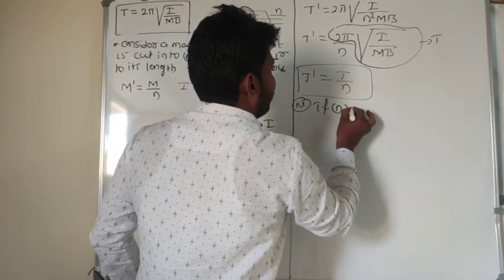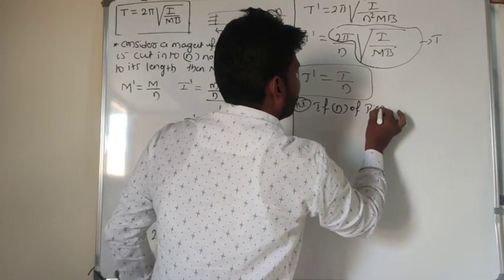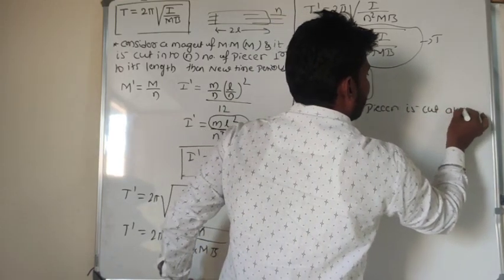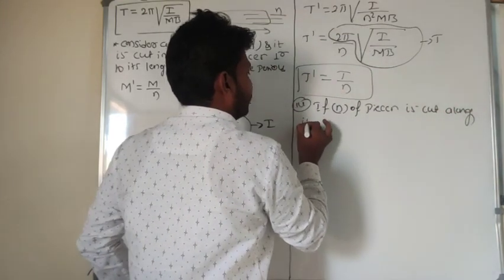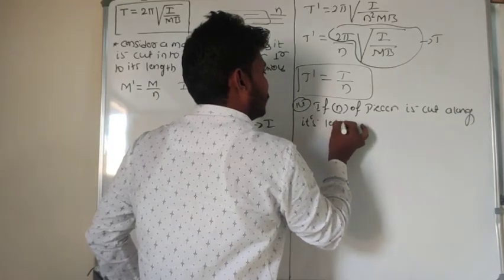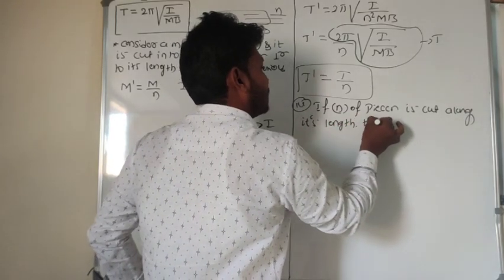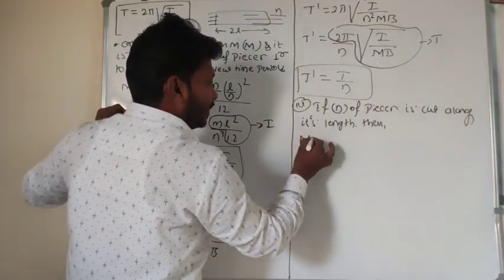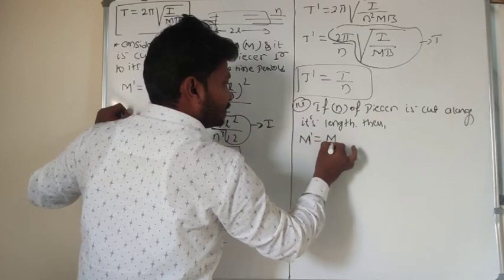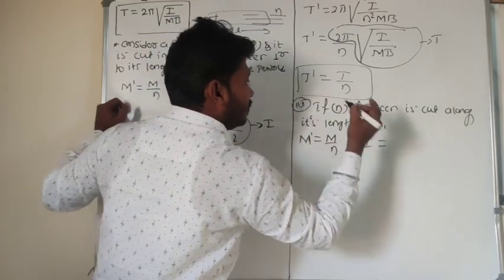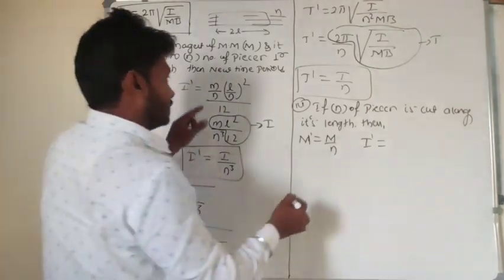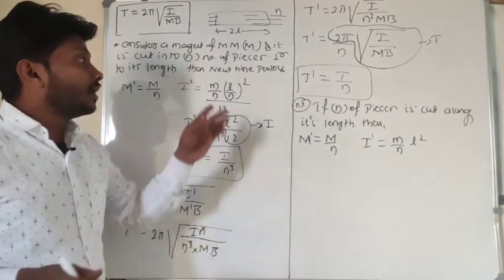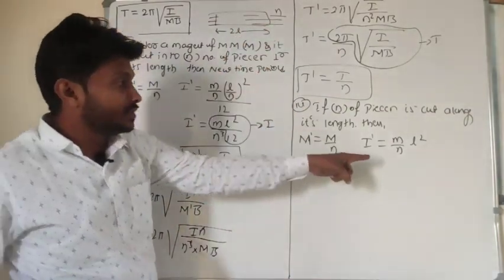Look here, along its length, I can consider the new magnetic moment m dash equals m by n, and new moment of inertia equals m by n into L squared only.